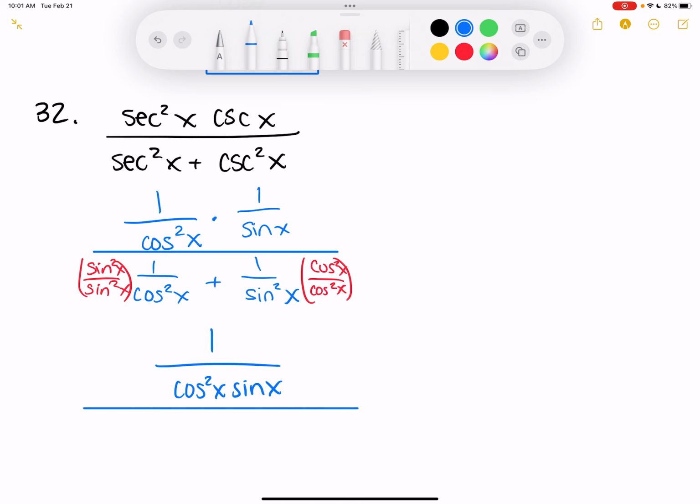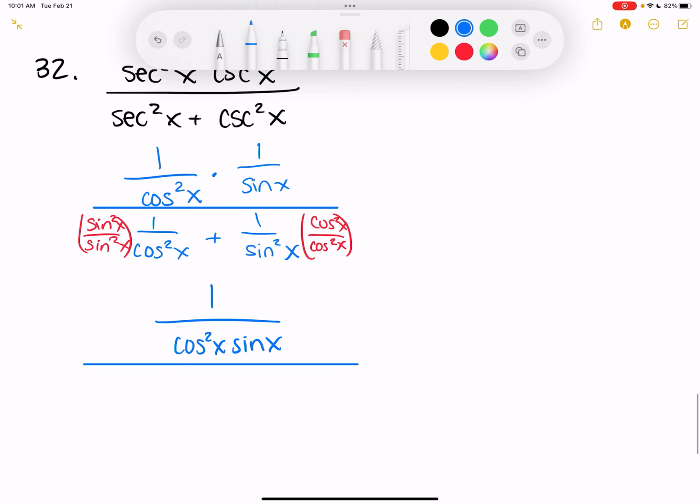So then the bottom is going to end up with a common denominator, so the denominator is going to be sine squared of x times cosine squared of x. The top is just going to be the stuff added together, so sine squared plus cosine squared. Sine squared plus cosine squared is 1.